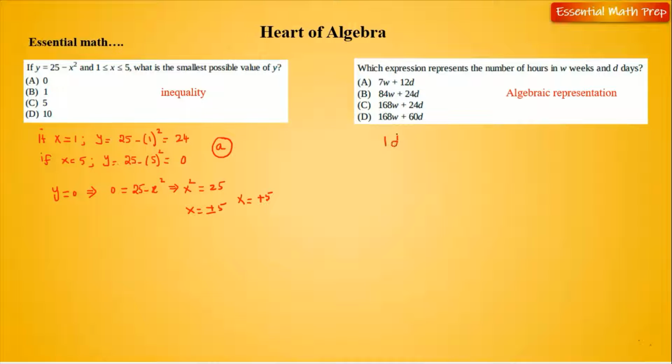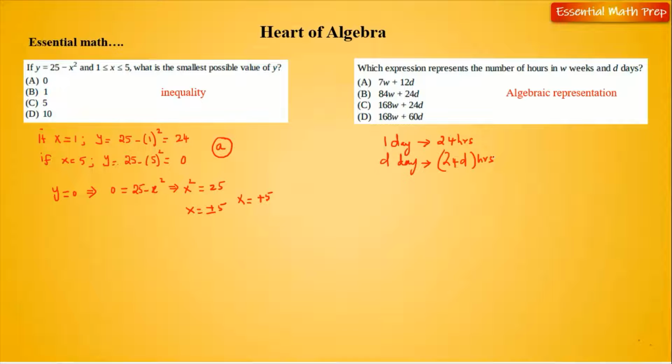A day has 24 hours. So D days should technically contain 24D. I'm going to leave the hours outside the bracket simply because we can edit it out in the final version, because if you look at the answer choices, they don't have the letters H or S or hours. So we can edit that out later.